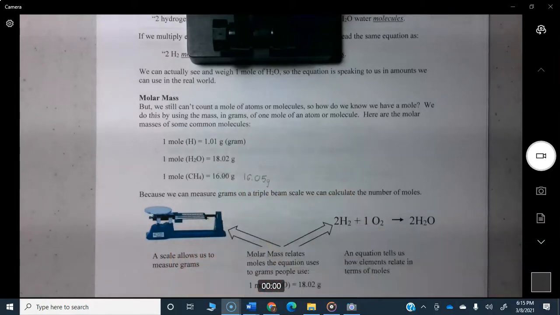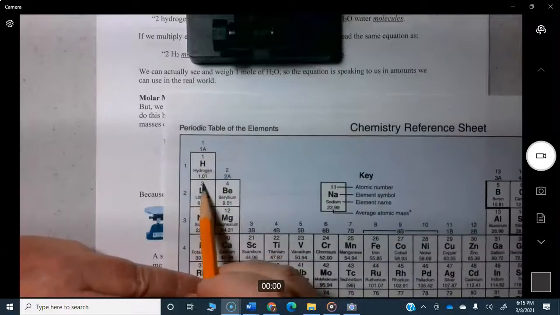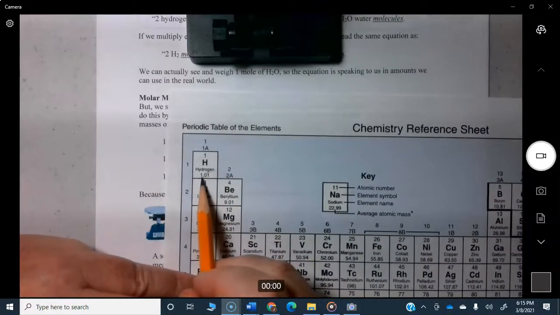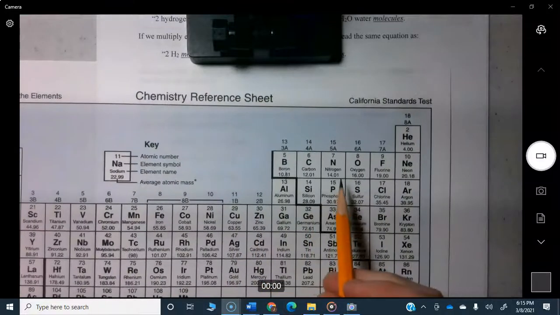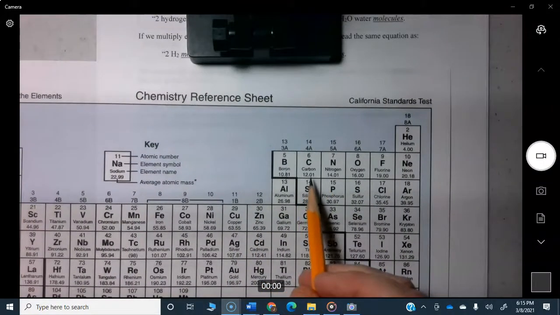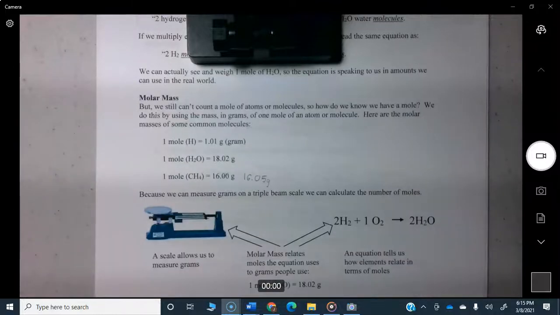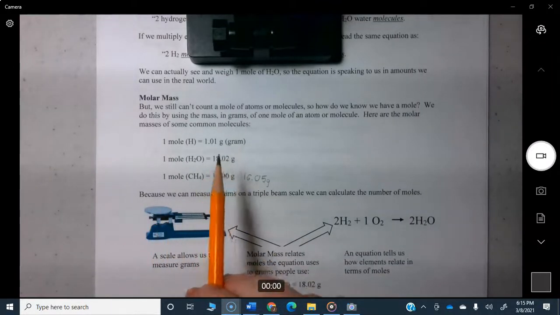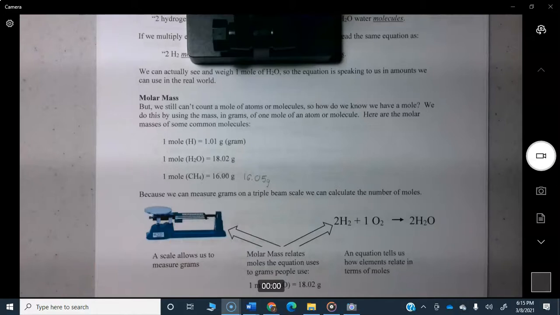Where does that come from? Well, you have 4 hydrogen at 1.01, so that's 4.04 for the 4 hydrogen, and then 12.01 for the carbon, and add those together, you get 16.05. You get all these numbers either directly off the periodic table or by adding the masses of different elements from the periodic table.